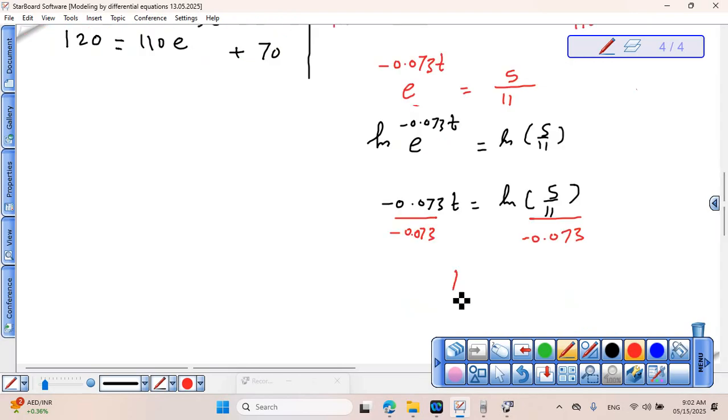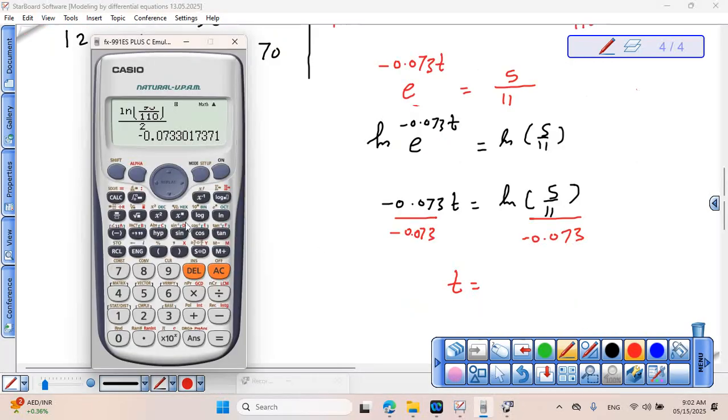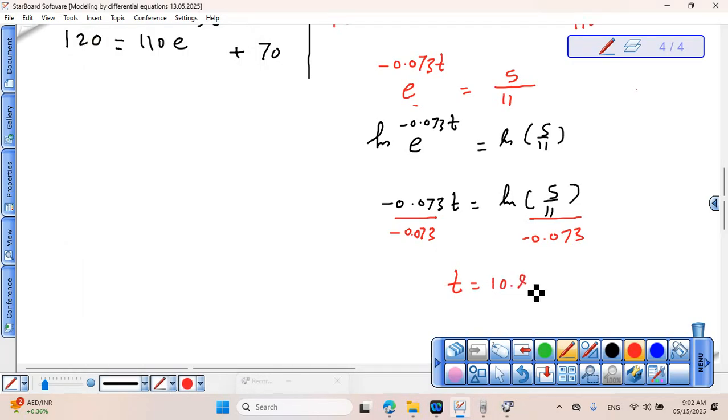You can use a calculator: t equals ln of 5 over 11, close the bracket, over negative 0.073. The answer is 10.8, approximately 11 minutes for the temperature of the cup of coffee to drop to 120 Fahrenheit.